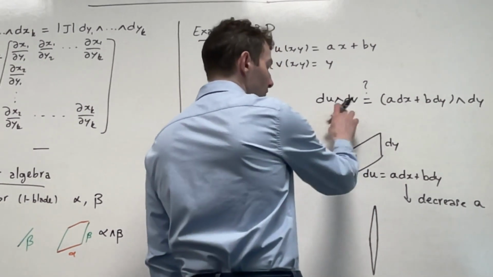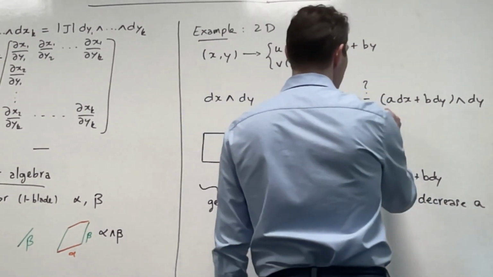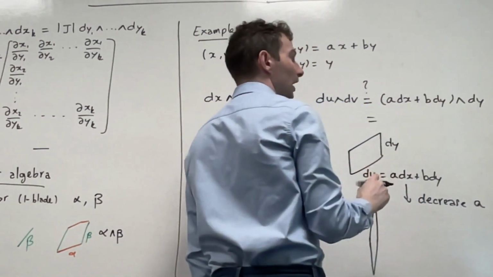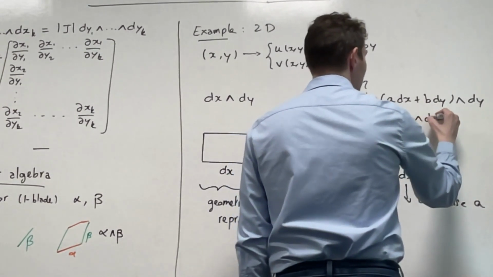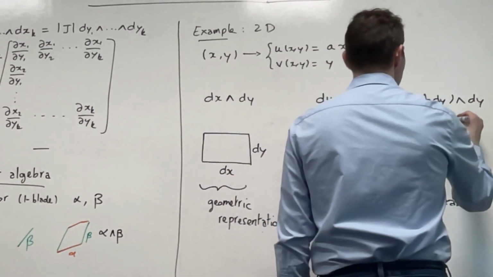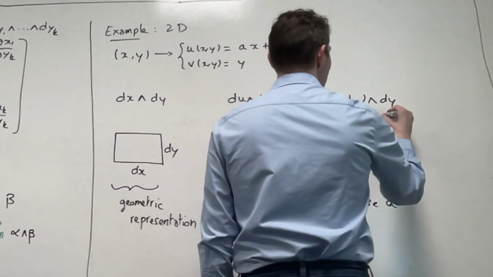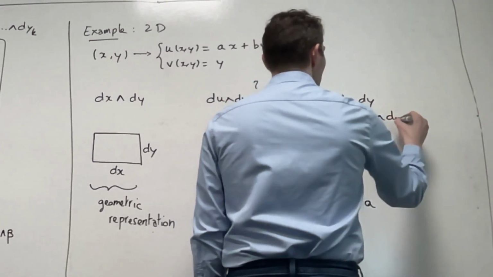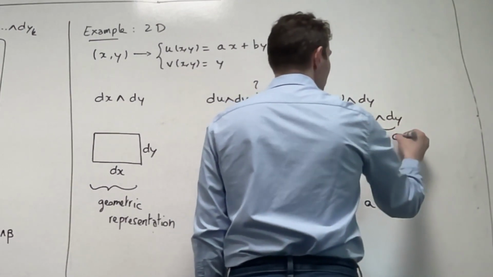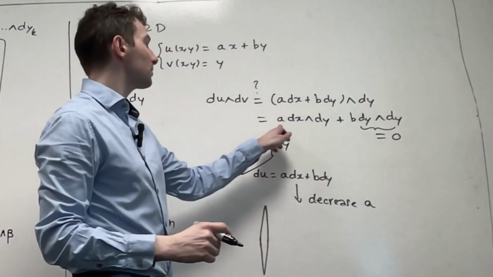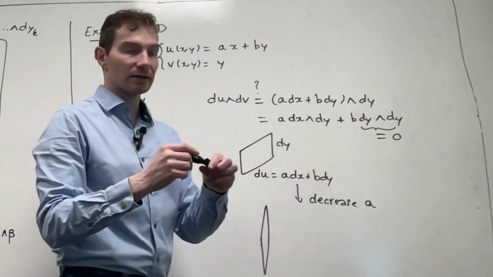Now, one way we can see that is because the wedge algebra says that this is a dx wedge dy, and then plus b dy wedge dy. But you remember that dy wedge dy is actually equal to 0. So what we have left is simply a dx wedge dy.